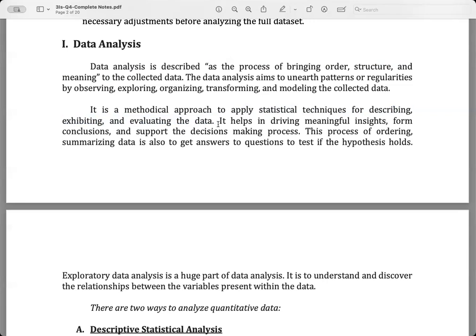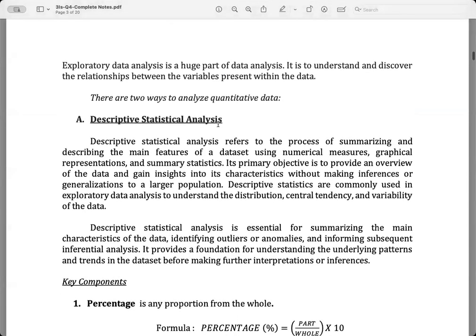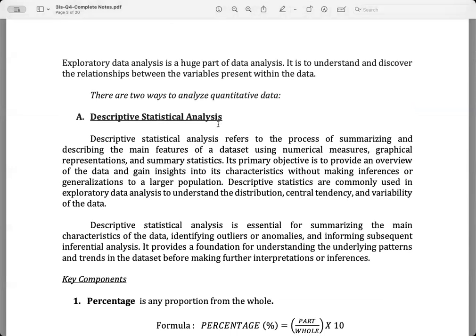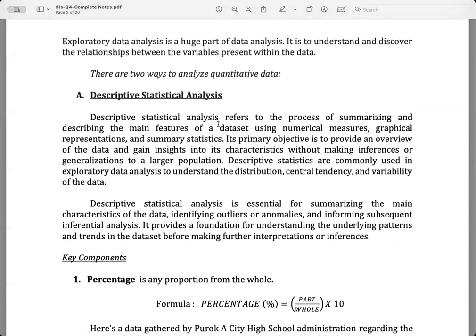So let's get on with it. Generally, there are two ways to analyze our quantitative data. We have your descriptive statistics and your inferential statistics. But for part one, let's focus our attention on descriptive statistical analysis. So from the name itself, descriptive, what is the goal of the statistical analysis?